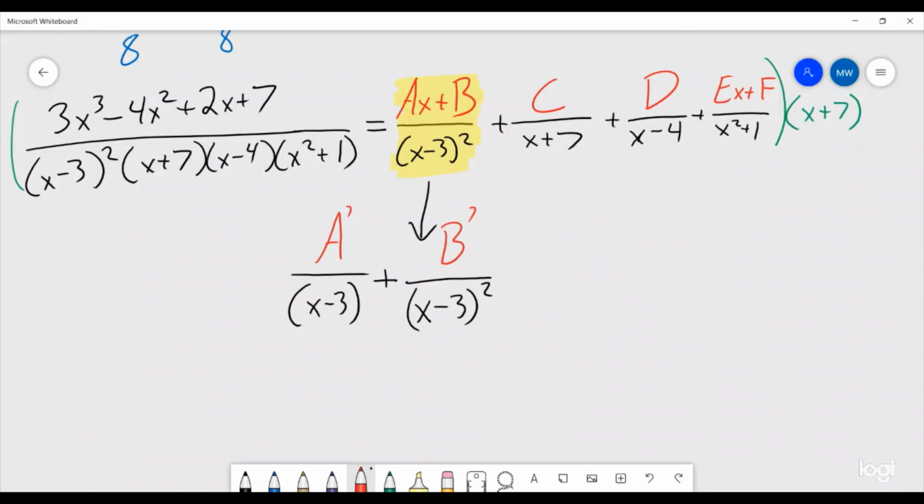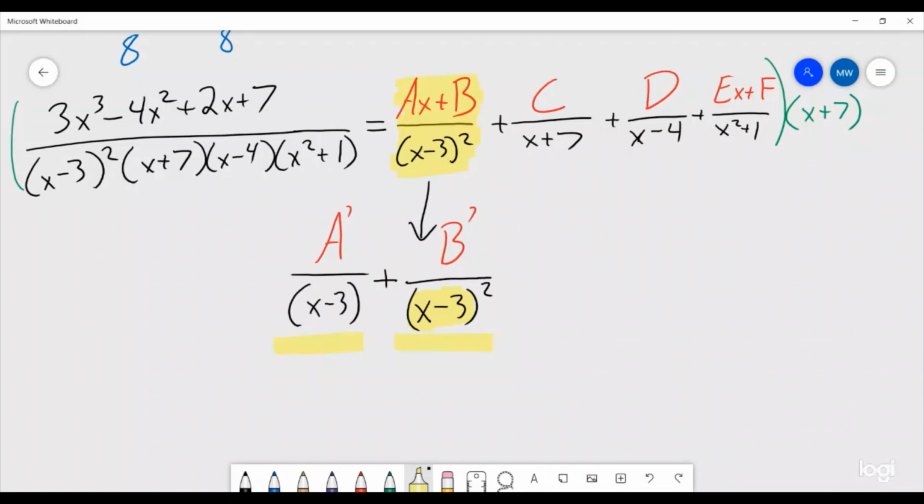So the rule is saying that because it's the quantity x minus 3 that is squared, we can break that up as x minus 3 itself is linear, so the top could be a constant, but then we have to have a different piece representing each of the powers.